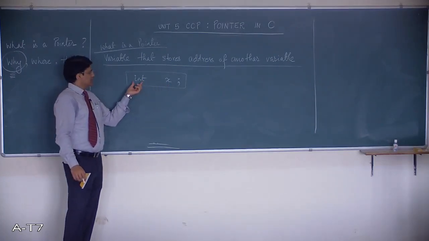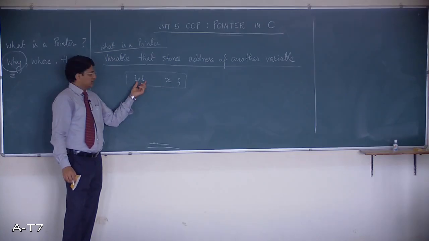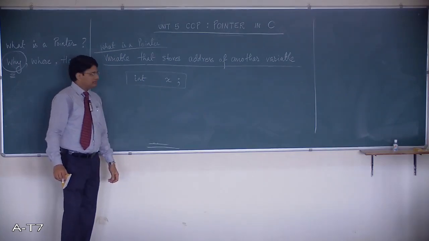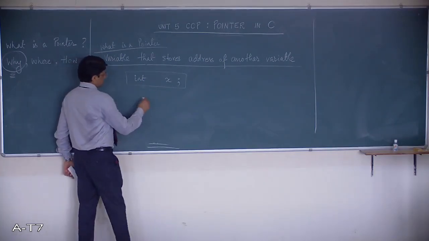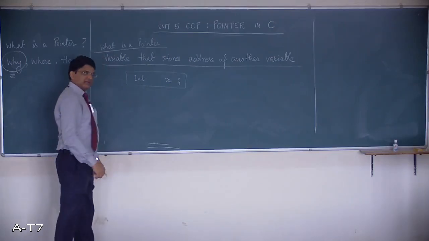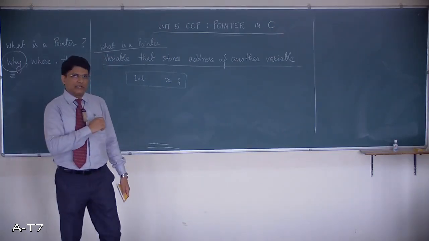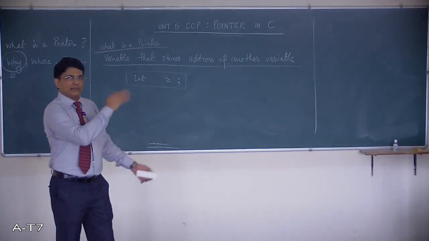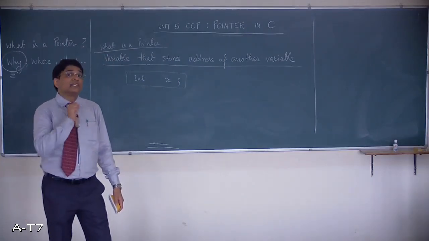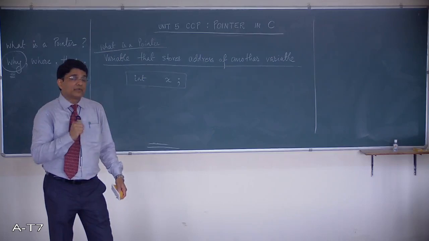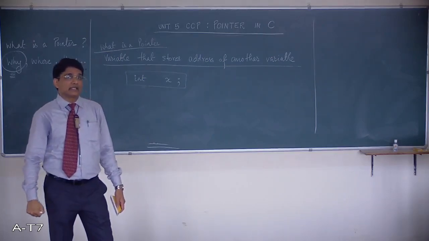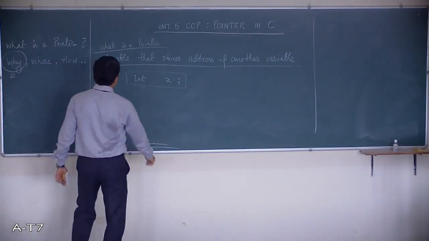A simple variable x, which is of data type integer, is being declared. What is the address of x? So many times we have declared variables, like for example int x. What are we expecting, and from whom are we expecting any action for this statement?